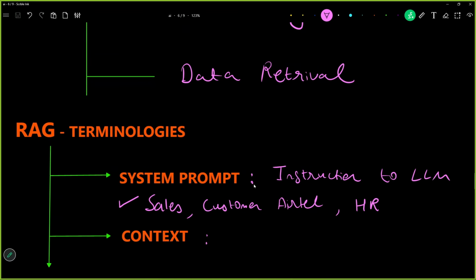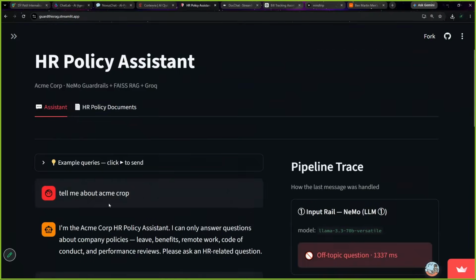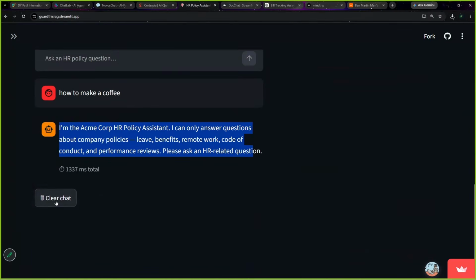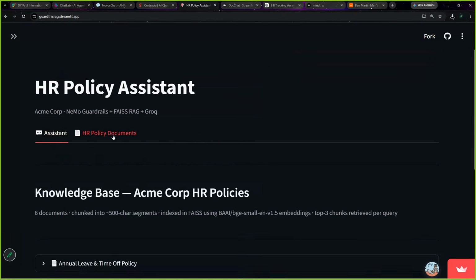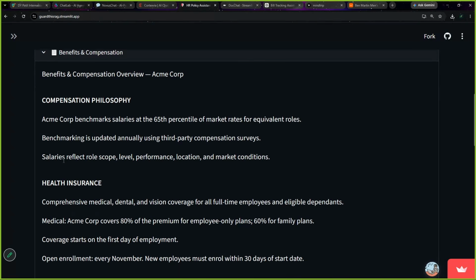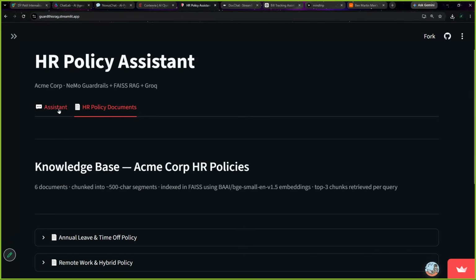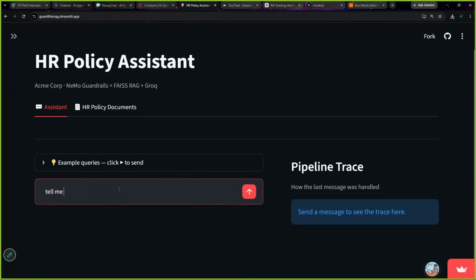And what is context? What is context? This is context. When I talk about this particular question, let me clear this chat. And let us ask a different question. Benefits and compensation philosophy. Okay. I can ask, Acme Corp covers 80% of premium for employee plans. I can just simply ask this particular question. Tell me about premium for employee only plans.